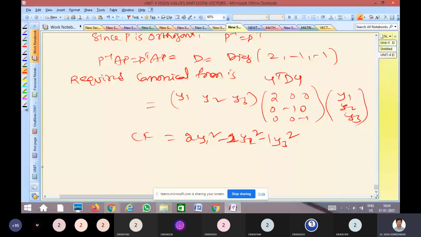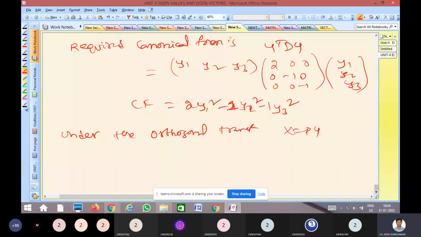Under the orthogonal transformation, or linear transformation, we can say x equal to Py. So x, y, z, you can take here, and take the model matrix P here.